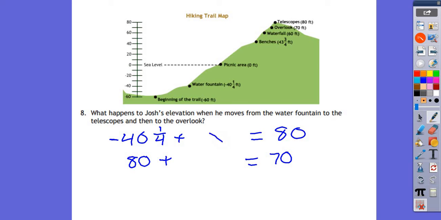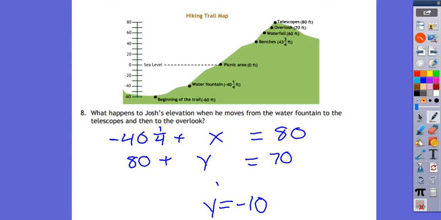So I have 2 blanks right now. I'm going to call the first one X and the second one Y. Well, Y is kind of easy to figure out. Does a positive or a negative need to be added for Y? From 80 to 70? A negative 10. Okay, that one was pretty simple.